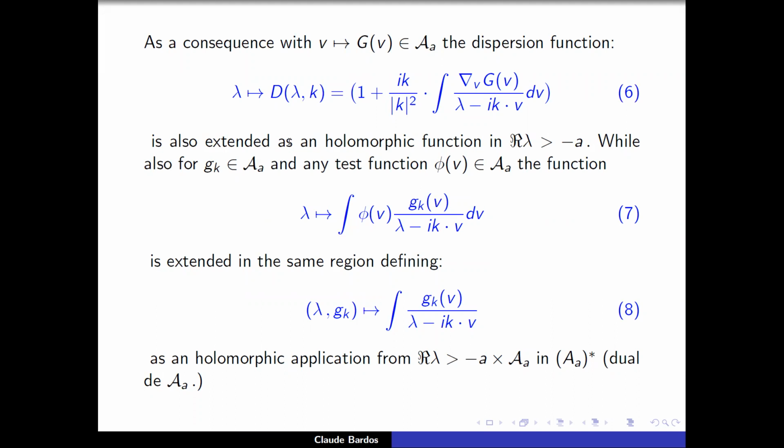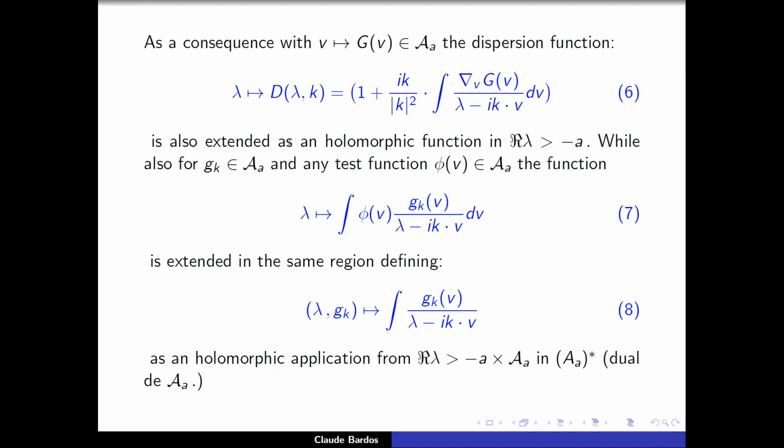Now, I look at the dispersion relation. For the same reason, if capital G is an analytic function, I can realize the same extension, and the only thing that will remain for the resolvent are the poles, the zeros of the dispersion relation in the left-hand side.